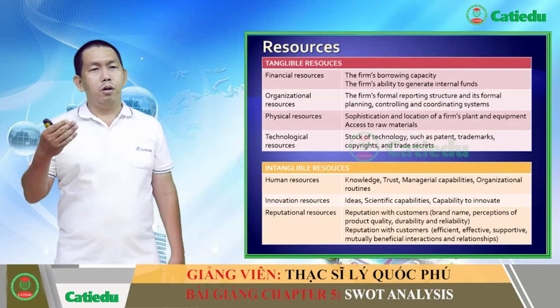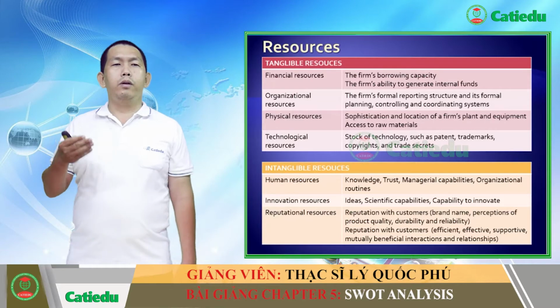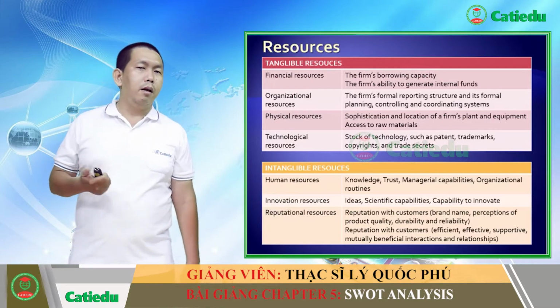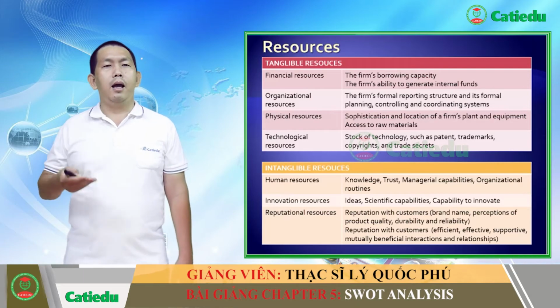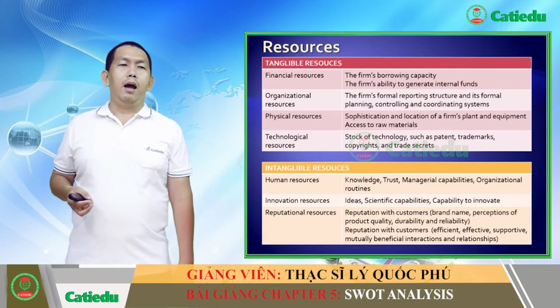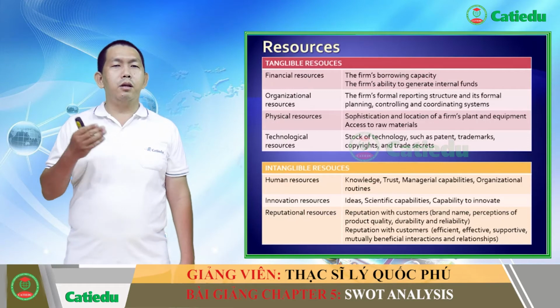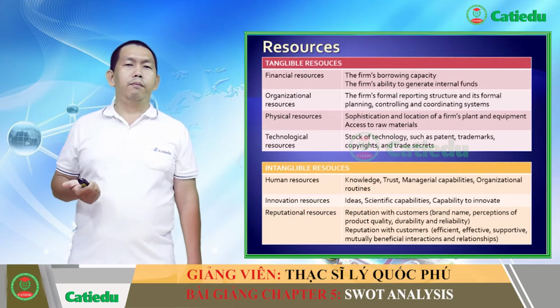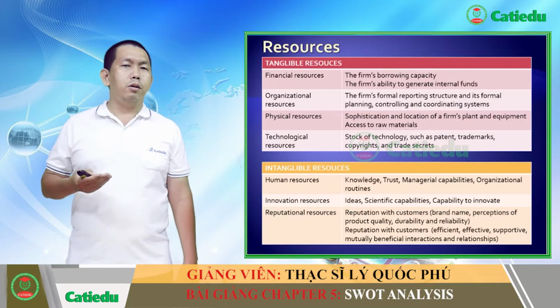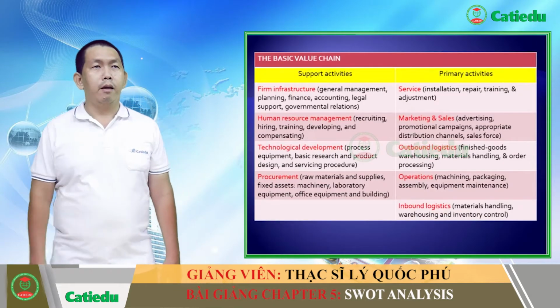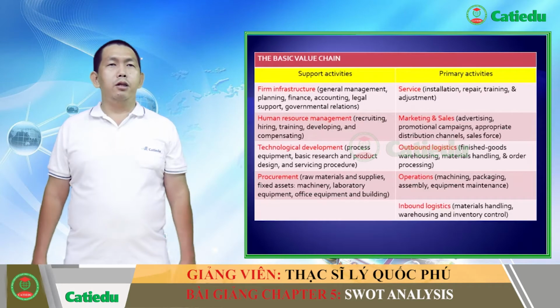Reputational resources are the reputation with customers, like brand names, perceptions, product quality, durability, and reliability, and the reputation with suppliers, like efficient, effective, supportive, mutually beneficial interactions and relationships. The basic value chains.